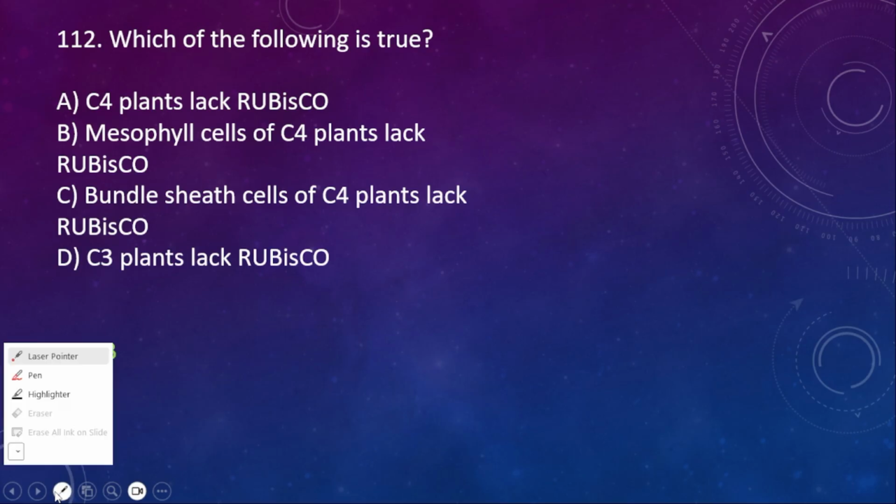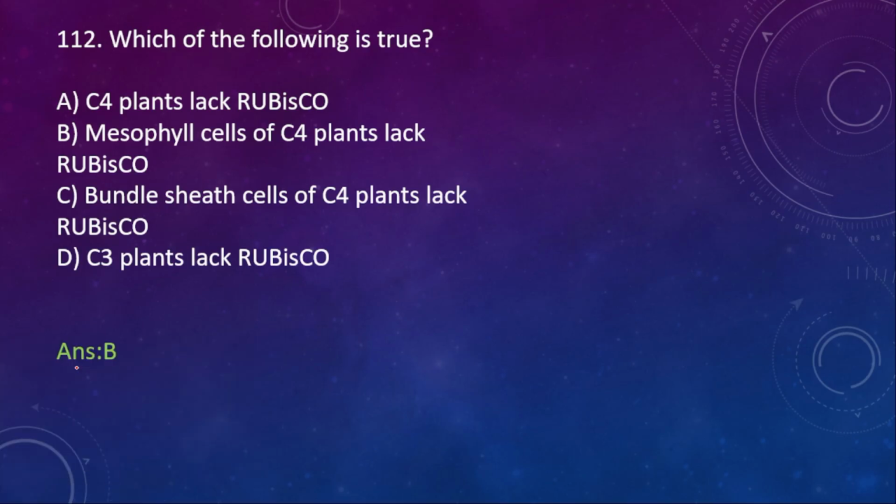Rubisco. If I show you the C4 plant mesophyll cell and then bundle sheath, this will be the mesophyll cell and this will be the bundle sheath cell.